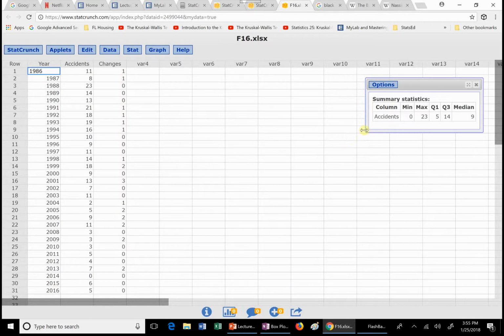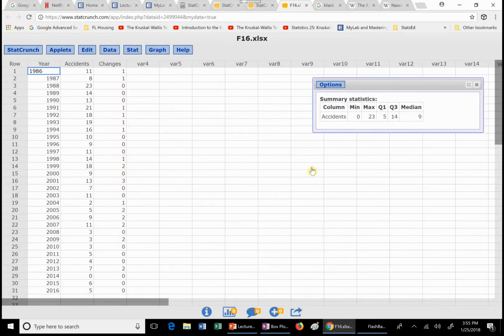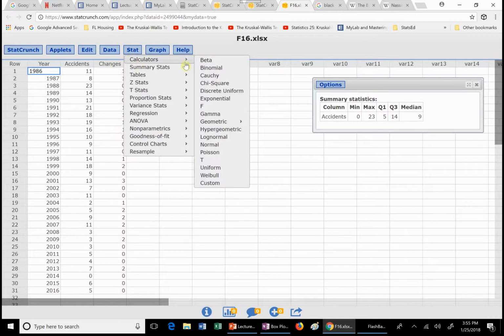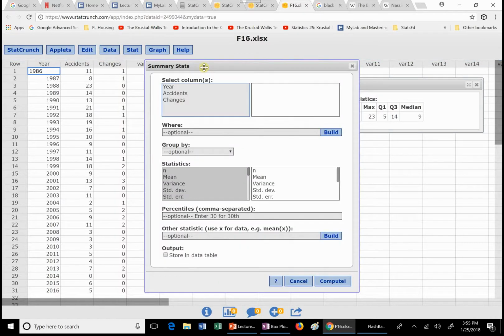Okay. So let's just make sure that everyone's on the same page. Everyone's getting this? So stats, summary stats, columns. We're going to start off here. So stats, summary stats, columns. And then you're just going to click each of those attributes.